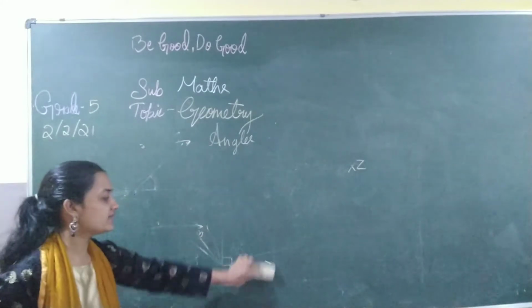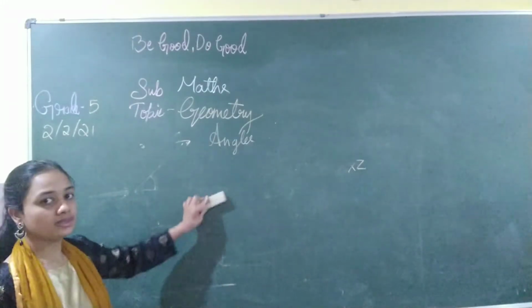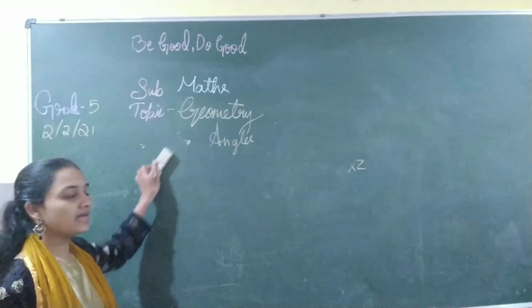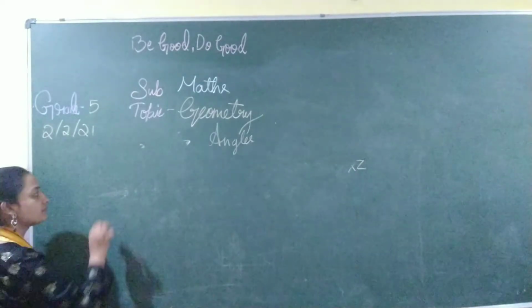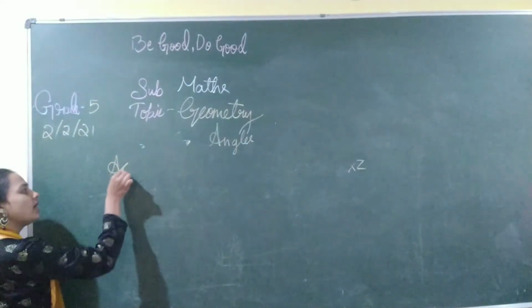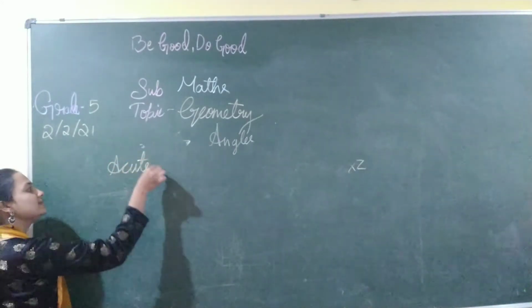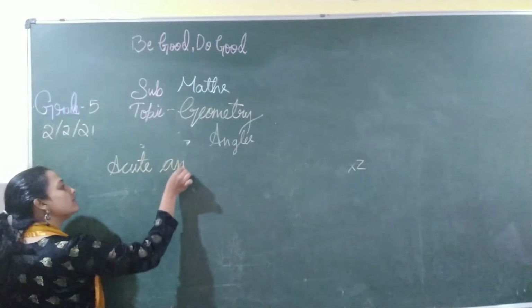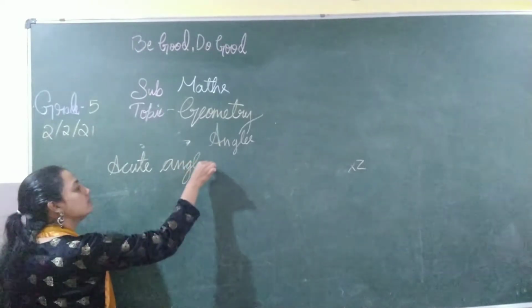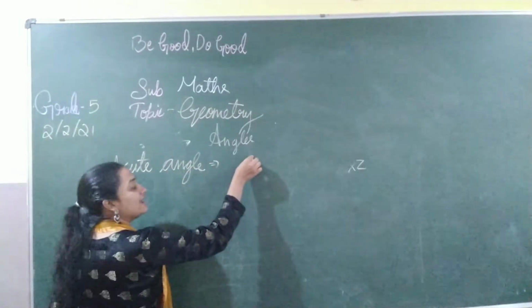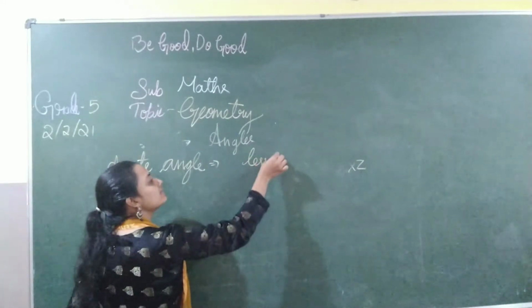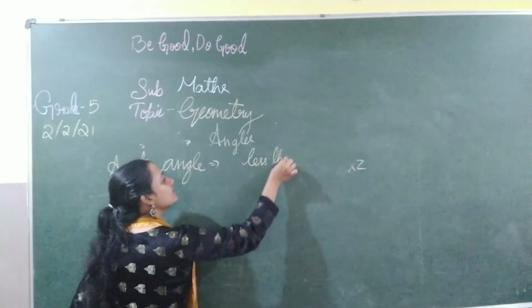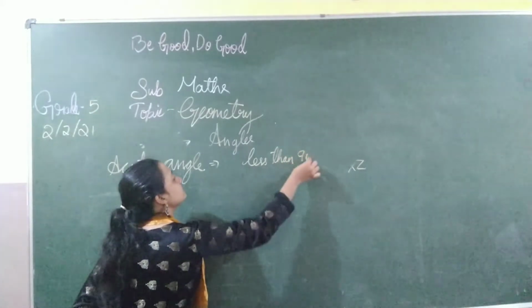I said we have different types of angles. Based on the measurement, we say the types of angles. So let's see what are the types of angle you have. The first one is acute angle, where the angle measurement should be less than 90 degree.